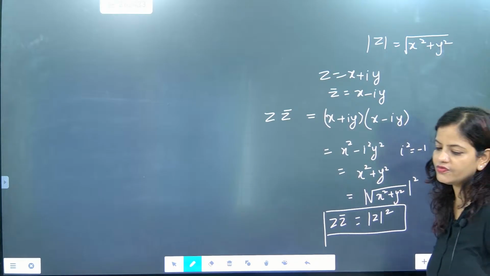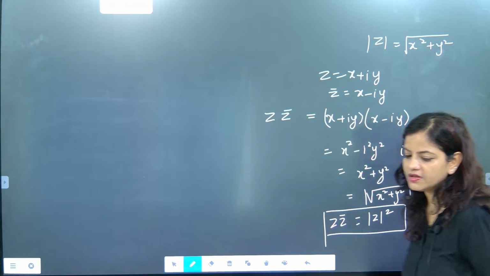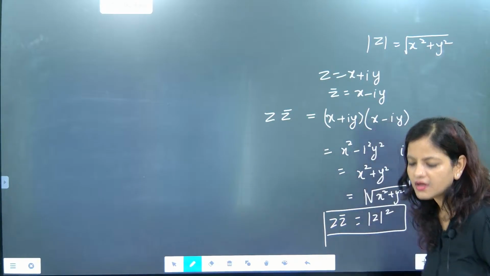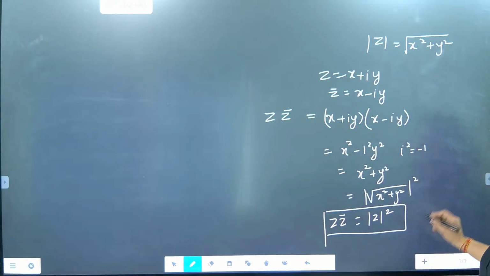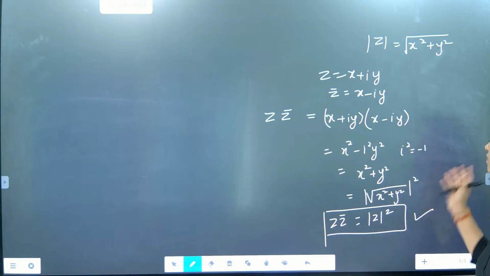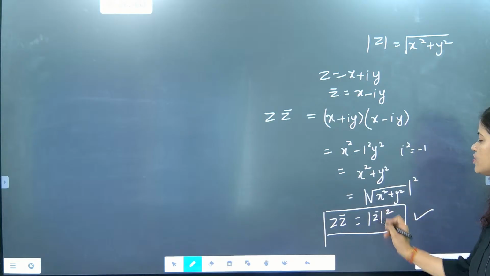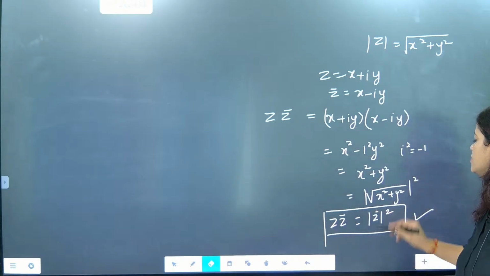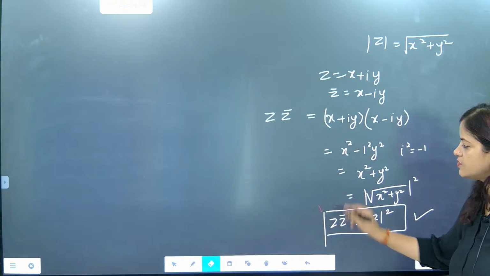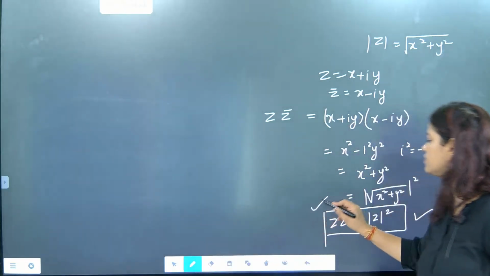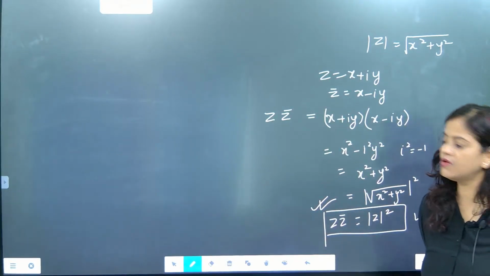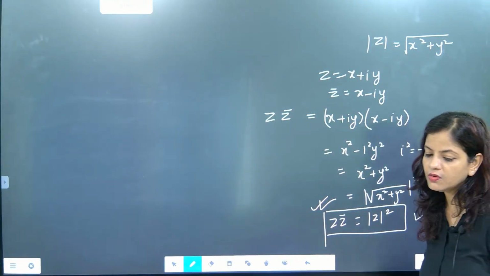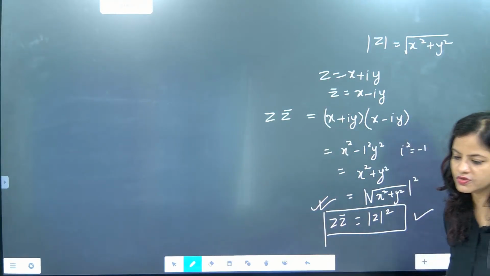This is one of the properties. Even if inside you put the conjugate, modulus of z bar whole square, it does not make any difference. So this part is considered as the conclusion: z into z bar is equal to modulus of z whole square. I hope you have understood this one.